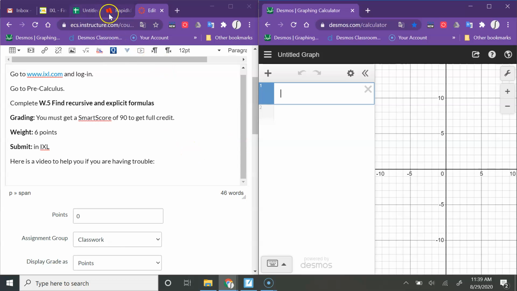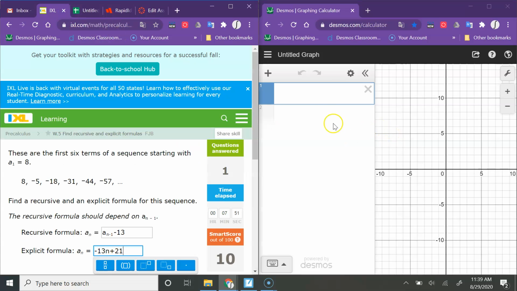And, oh, we've gone away from my Excel. There it is. Okay. So if I put in a table here, and if I want to start at 1, and I make this formula right here, -13, you have to use x1 plus 21.